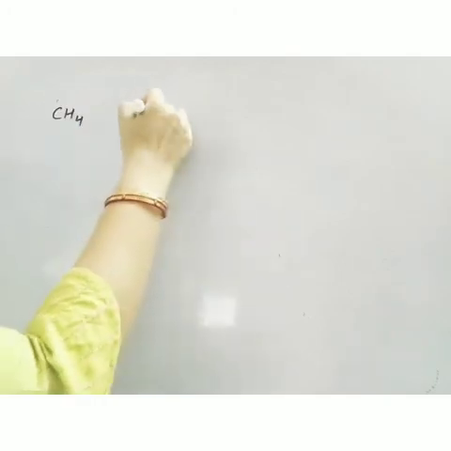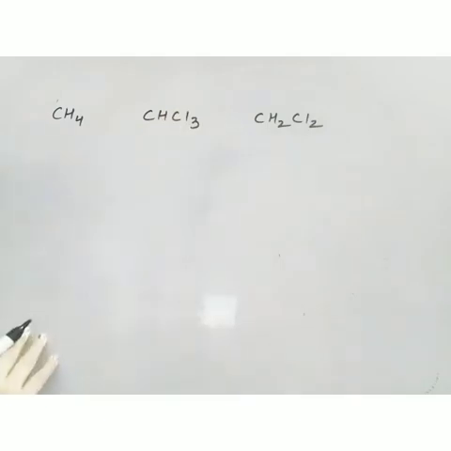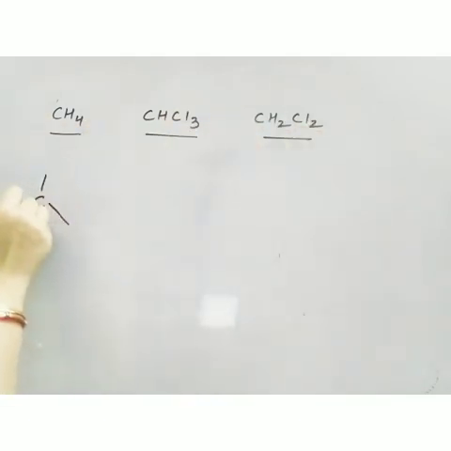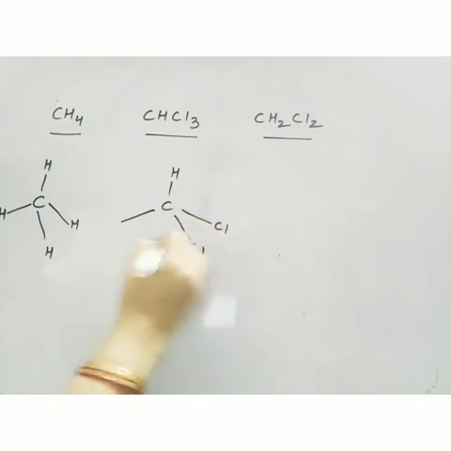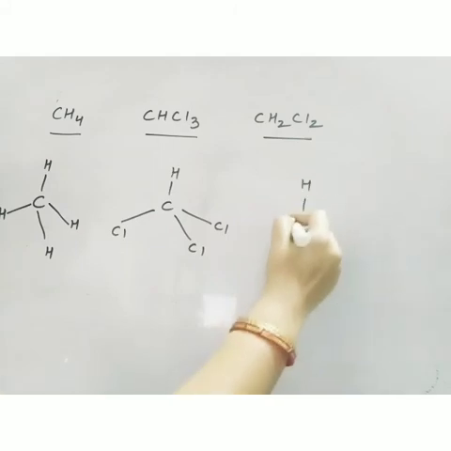Now let's try for 3 molecules. Okay, all these 3 are tetrahedral. This is chloroform CHCl3 and this is CH2Cl2.